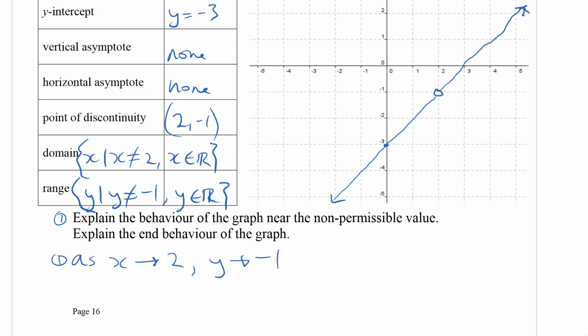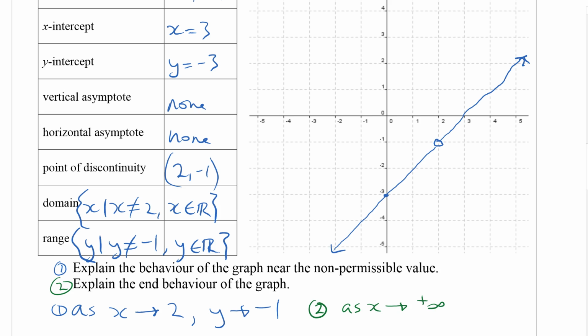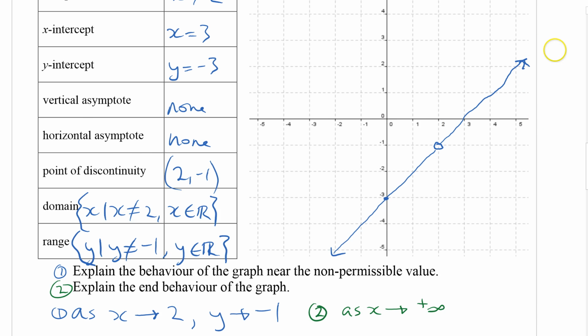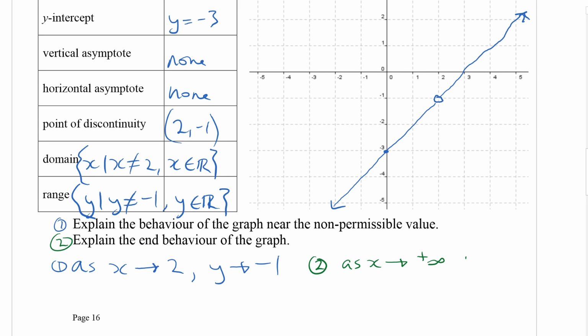The second one here, trying to switch to green. So here, part number 2, where it says explain the end behavior. Well, there are no horizontal asymptotes, so we don't even have to talk too much about this. We can say as x gets larger to the right, so as x approaches positive infinity, y approaches positive infinity.